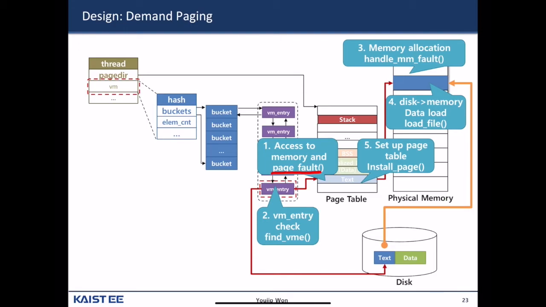First, it has to allocate memory, and in the course of allocating memory, we are defining a new function, handle memory management MM fault. So it allocates a memory, and it loads a given page from the disk to memory, and then it sets up the page table using the install page function, and then it restarts the instruction.